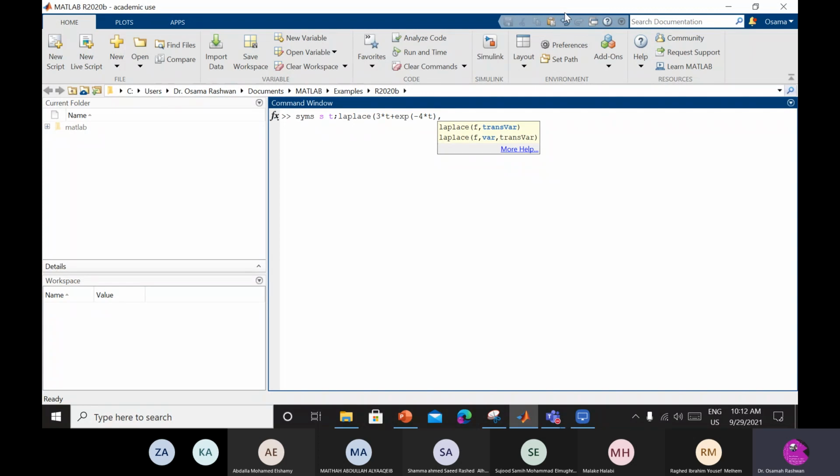I would like to have Laplace transform because I have a function of t, so I write t first, and I would like to have the function of s. Now, yes, it got for me the Laplace transform. Now, if I would like to have the Laplace inverse for this one, I will have the original function 3t plus e to the minus 4t?